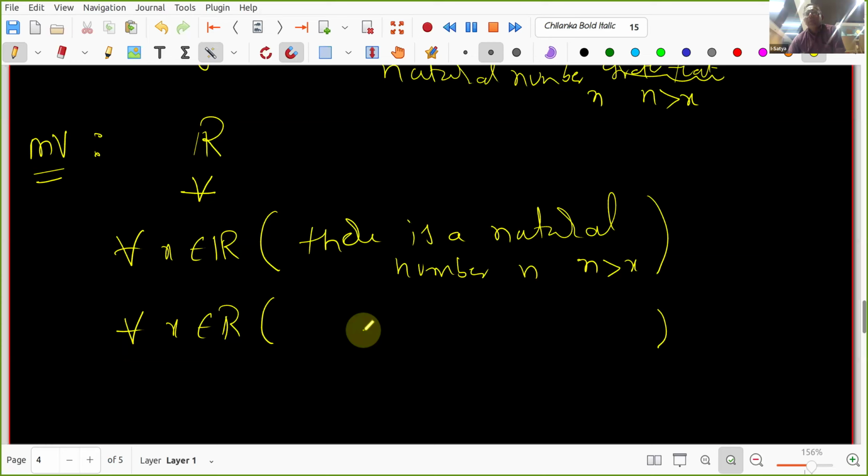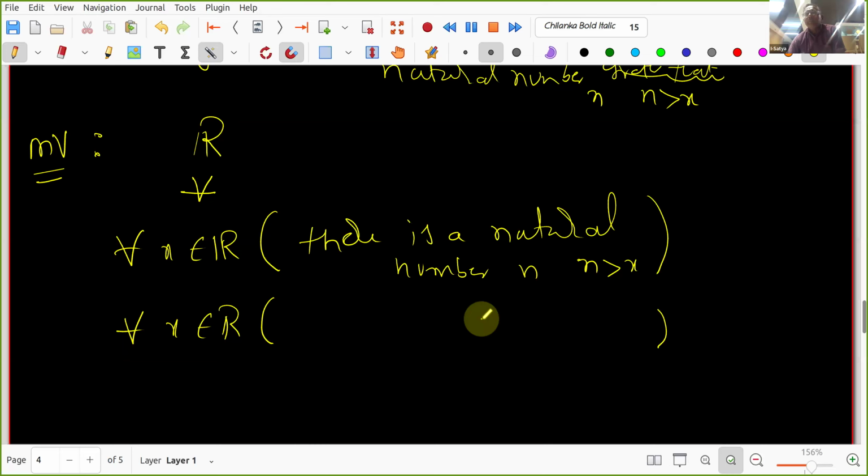Om Raj, tell us. Given any n, you can see there is a natural number n such that n greater than x is there, right? Concentrate only inside. There is a natural number n greater than x, right? That is given here.